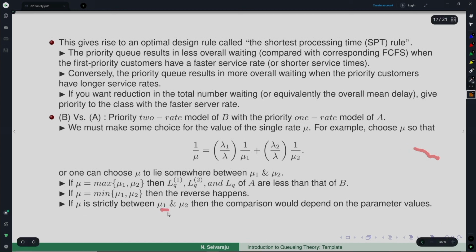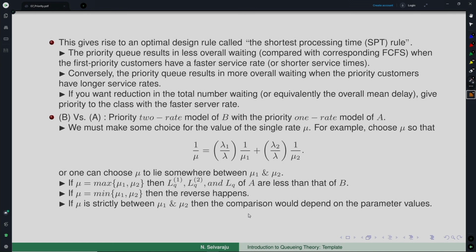If mu is strictly between these 2, then the comparison would depend on the parameters. Of course, on the one extreme, if it is maximum, then the 1 rate model is better. If it is minimum, then the 2 rate model is better. But what if it is in between? Somewhere it has to make a transition from one model to the other, but that depends really on the parameter values.